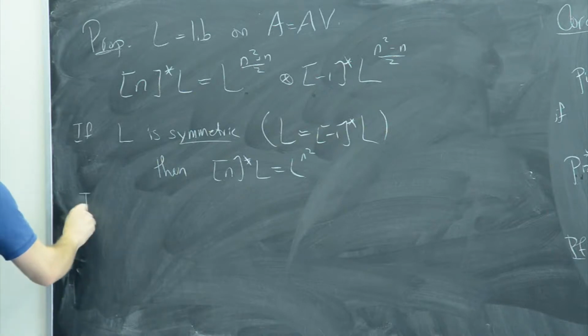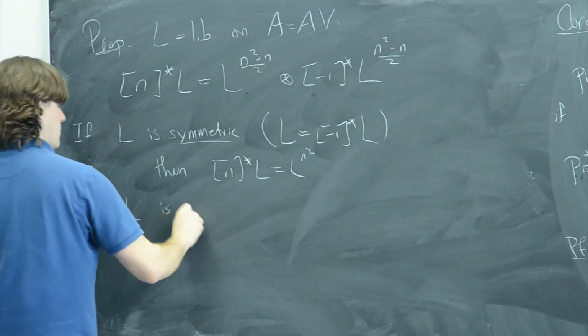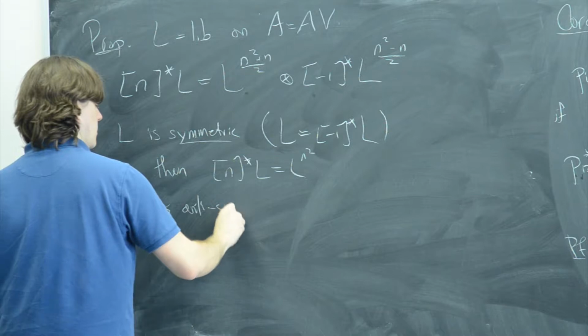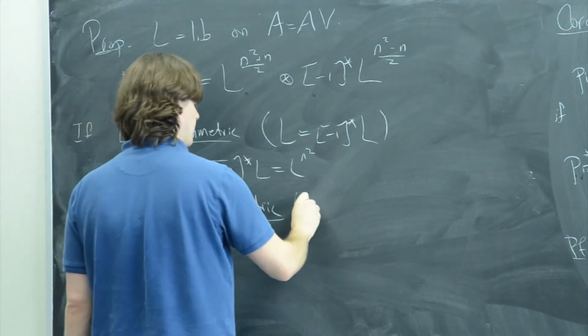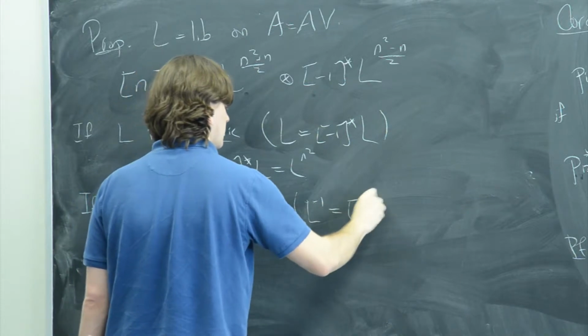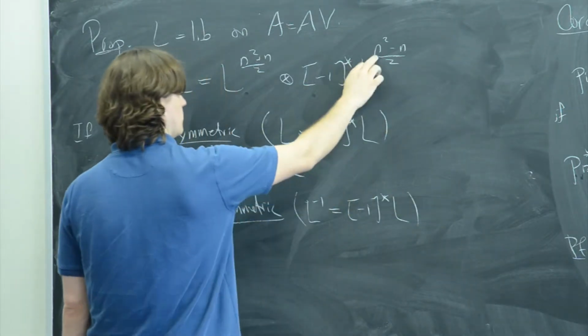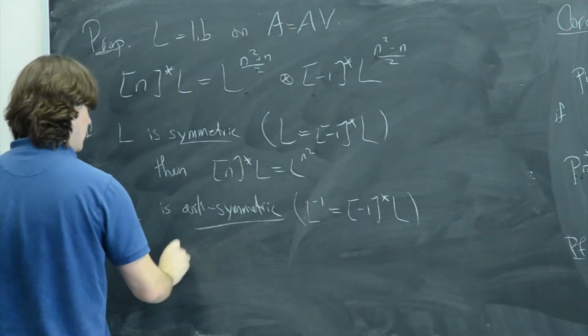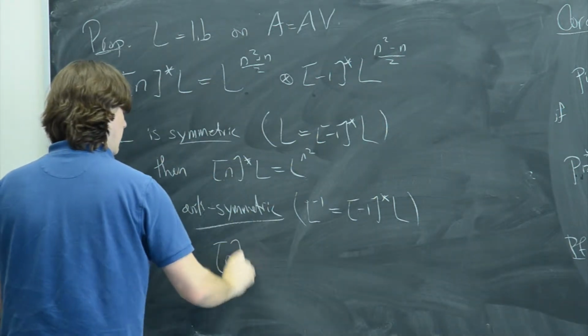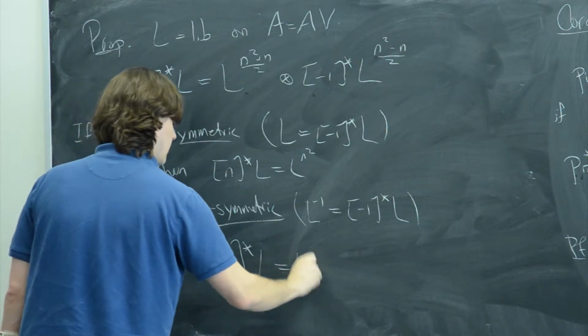And if L is antisymmetric, which just means that it's pulled back by minus 1 as its inverse, then the two exponents you subtract, and so the pullback n star L is just L to the n.